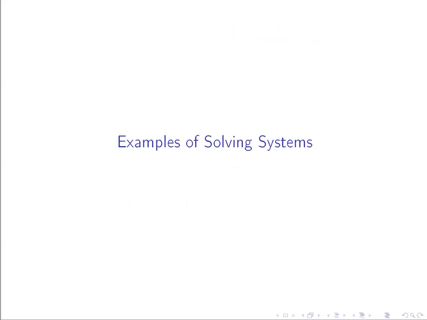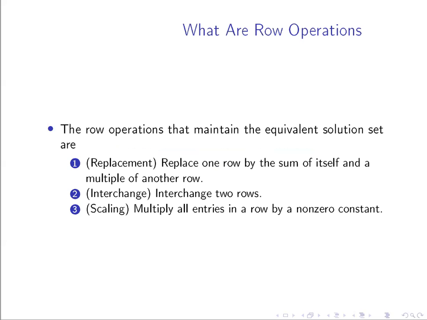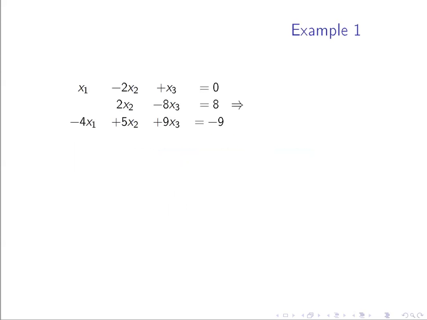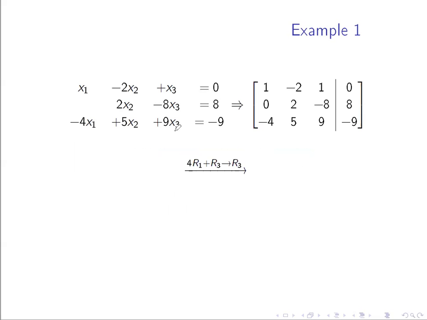So let's look at some examples so you can see those three operations in action. Suppose I have this system. The first thing I'm going to do is turn it into its augmented matrix. Now we're going to take that augmented matrix and, in this very common notation, I'm going to take row 1 and multiply it by 4.